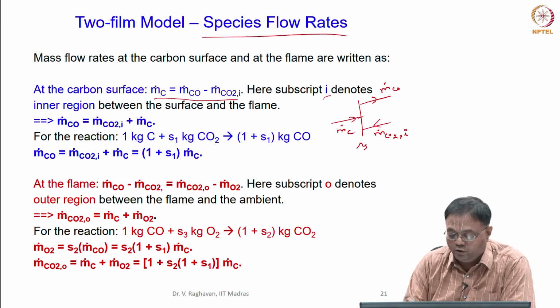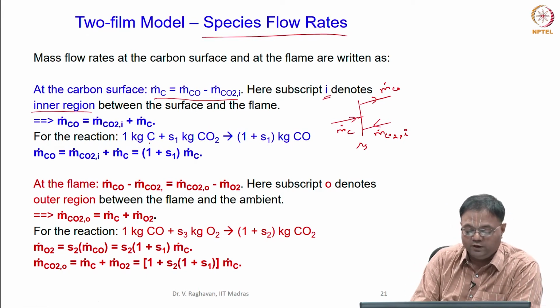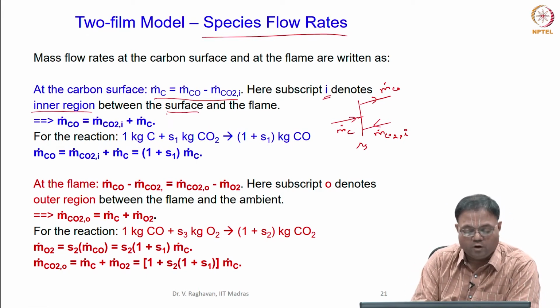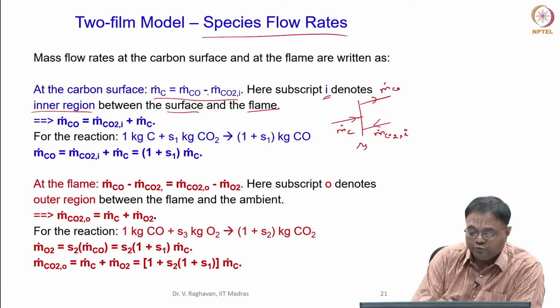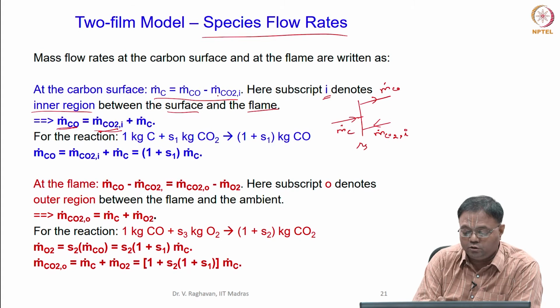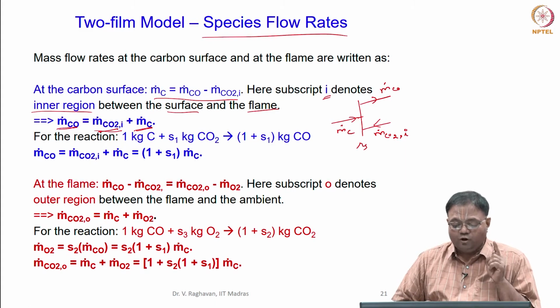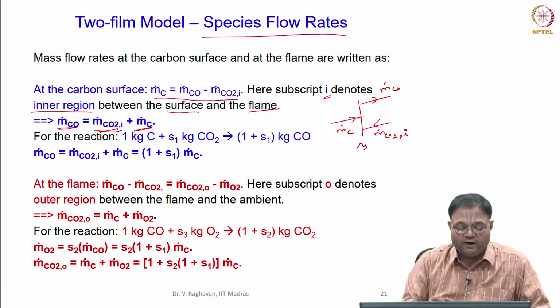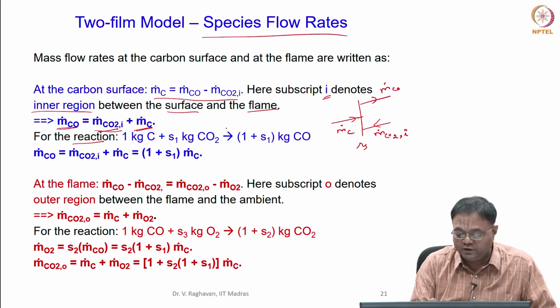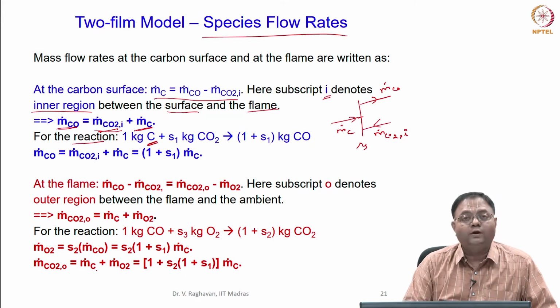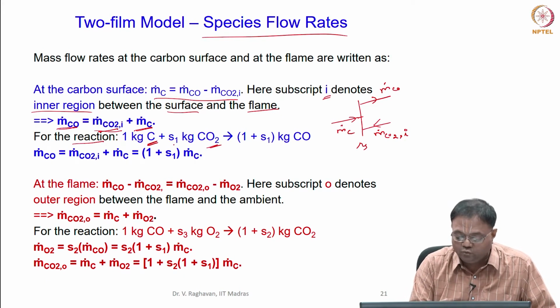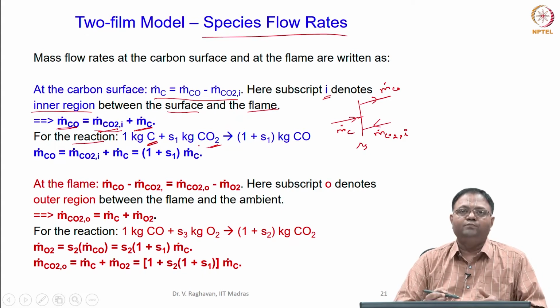Okay. Now, I denotes the inner region, as I told, the inner region between the carbon surface and the flame. Now, from this you can write m dot CO will be equal to m dot CO2,I plus m dot C. Okay. Now, what is happening at the surface is the surface reaction. So, this is the surface reaction here. Because there are two reactions, the stoichiometric coefficients are designated as S1 and S2.